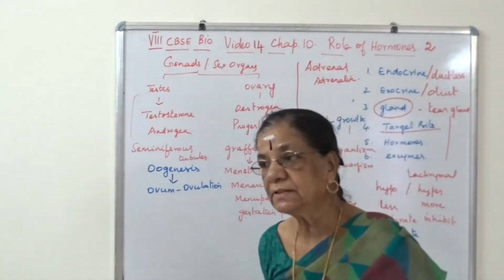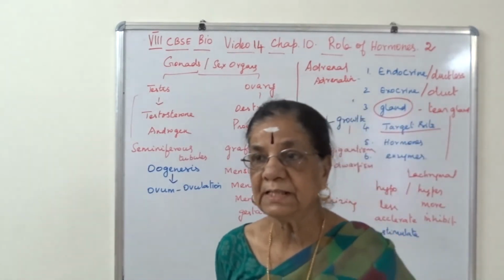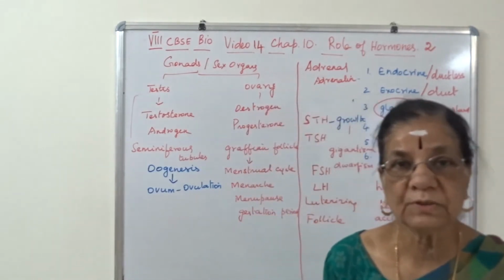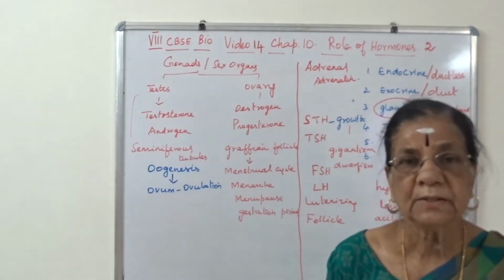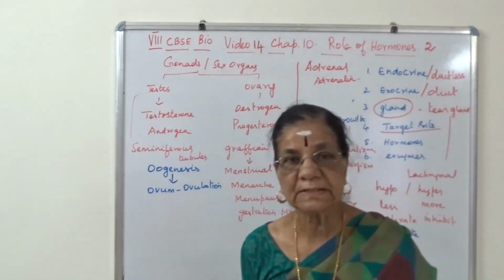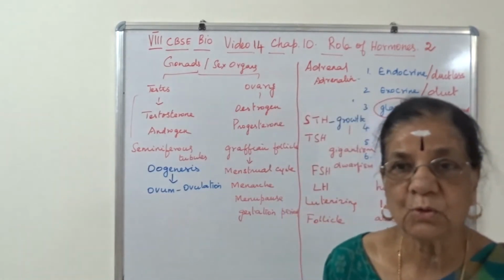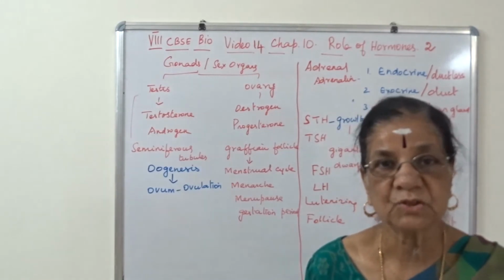So if that ovum is not fertilized, the unfertilized egg is sent out along with the uterine wall. The uterus is preparing itself for receiving the fertilized ovum. Last chapter, chapter 9, fertilization.